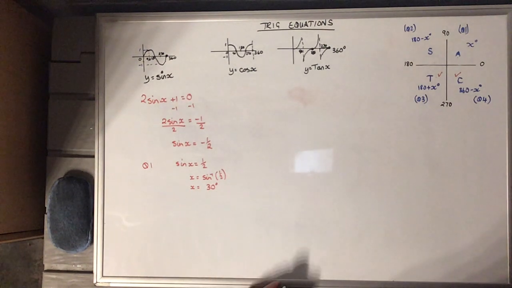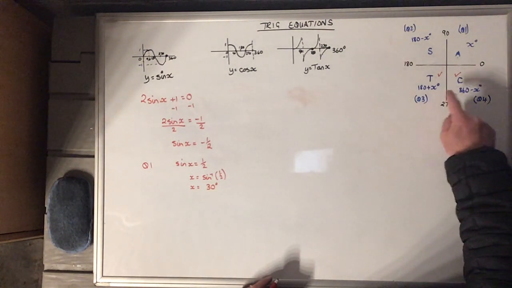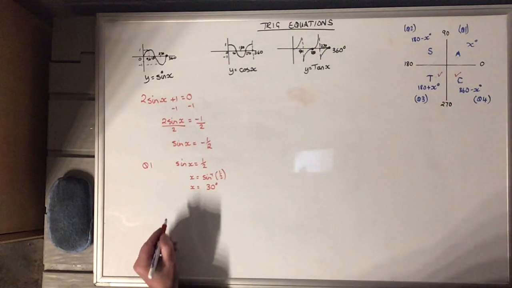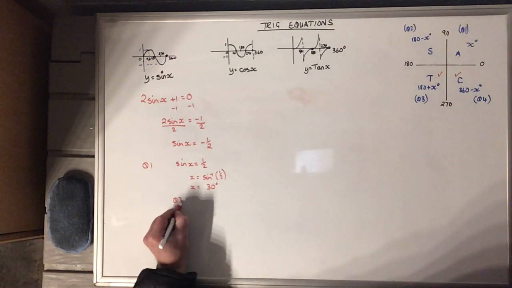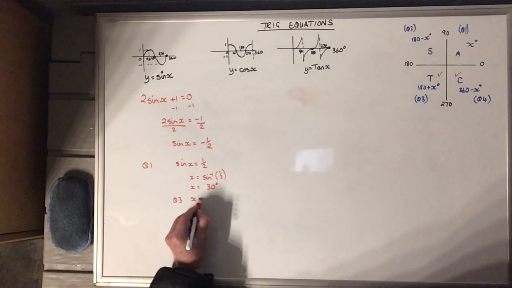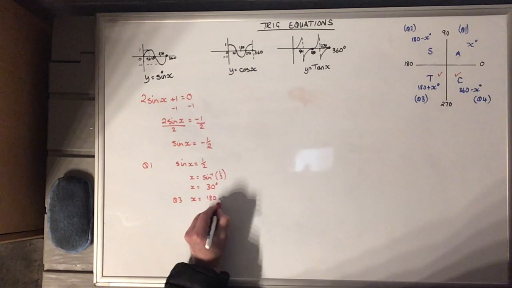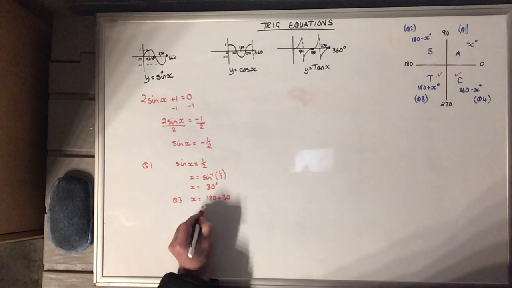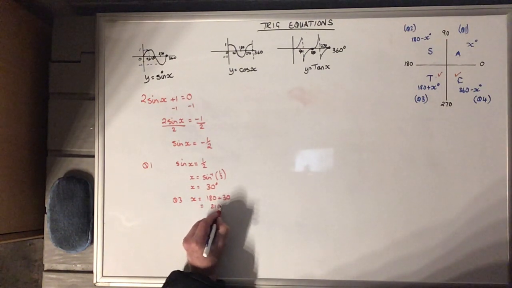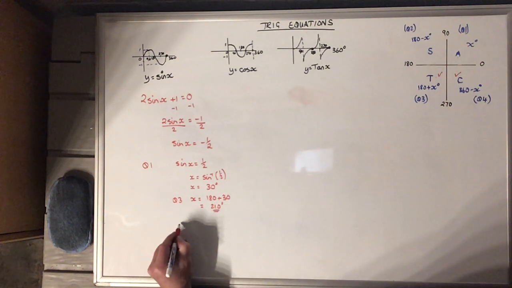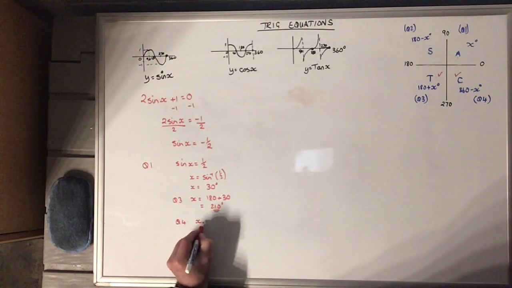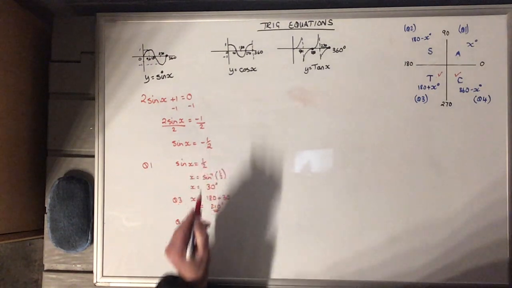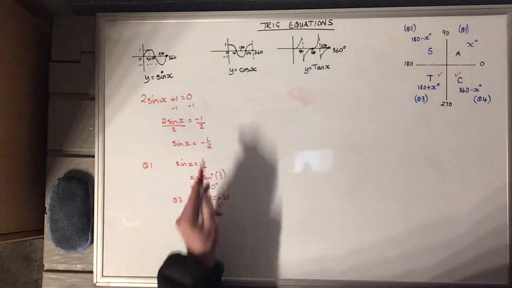But that's not the value we want. We're wanting the third and the fourth quadrant. So the actual values we want, Q3, the x value that we want is 180 plus 30, which is 210. That's one of our values. And we also want the fourth quadrant because we're looking for the negative value, remember, the actual question is negative a half.